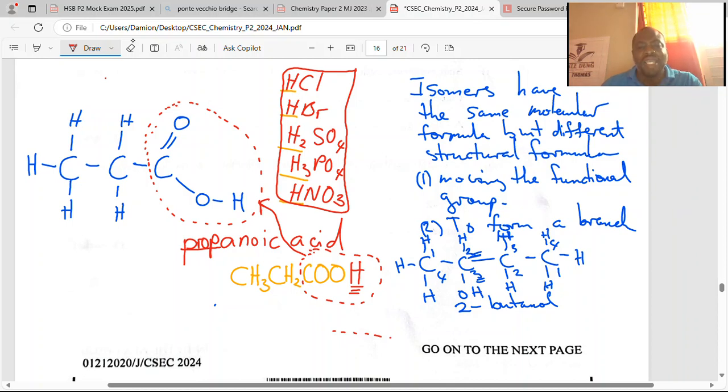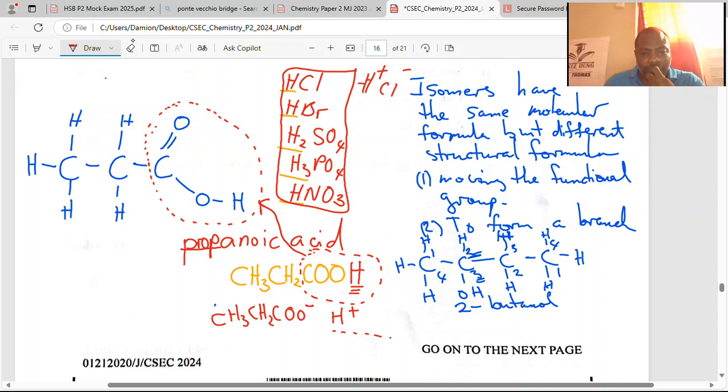But for the organic acid, the organic portion gets preference. So if I break this up into the two ions, I'll get H plus and Cl minus. For this one, we get the propanoate ion, which is that, and you have the H plus.